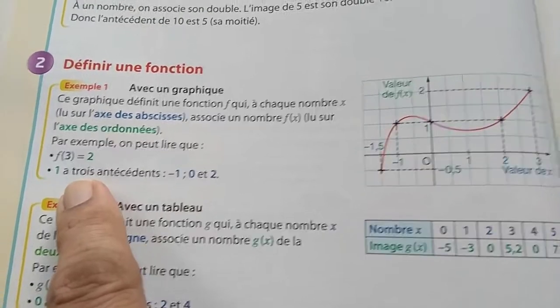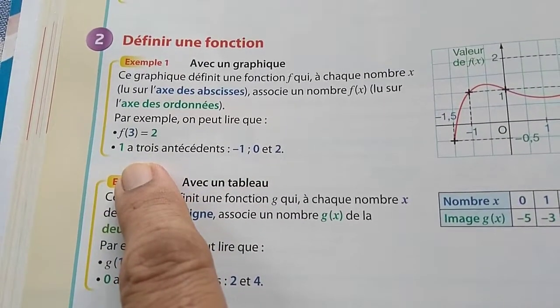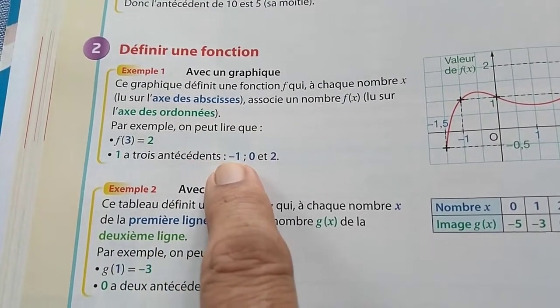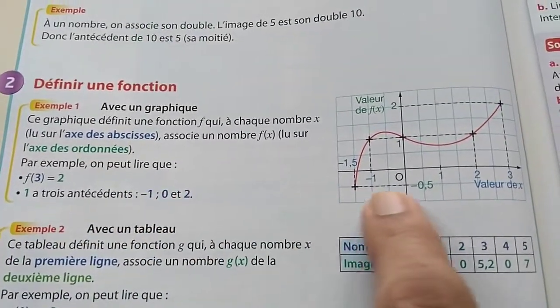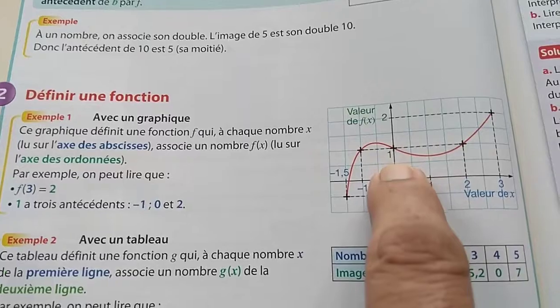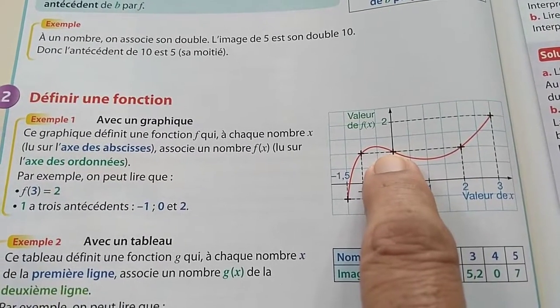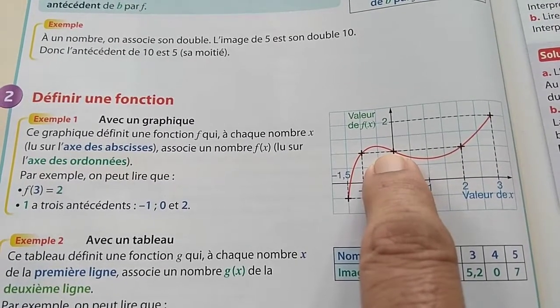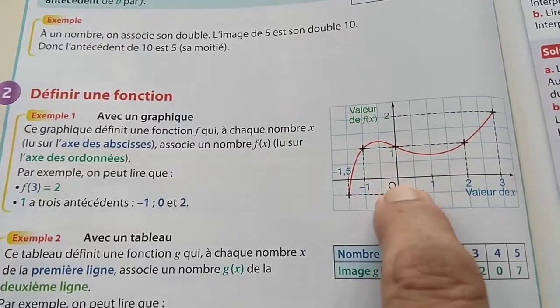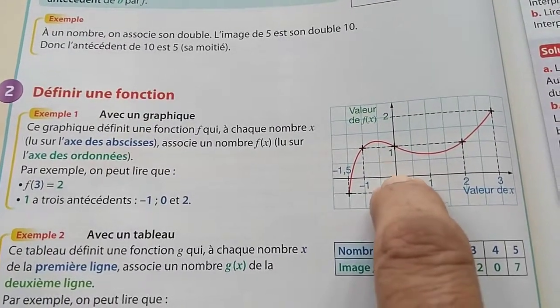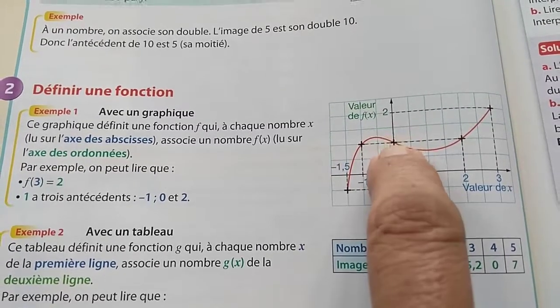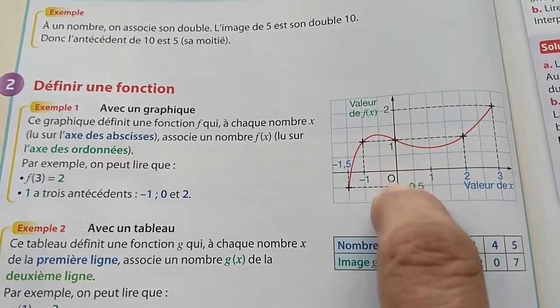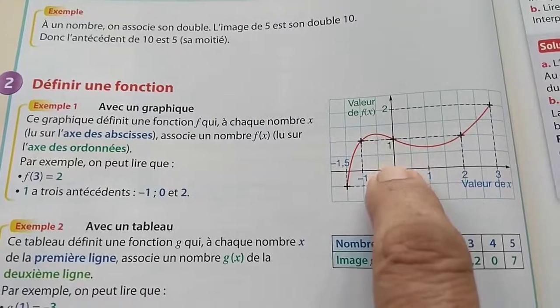Now, here the next statement says 1 a 3 antécédents, moins 1, 0 et 2. So what it means here is that if you take the output and you look at output of 1, what are the inputs that give you 1 as output? Well, obviously it is 0. One of them is 0 because the graph cuts the vertical axis at 0 here, at 1.